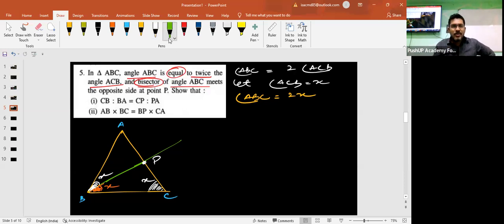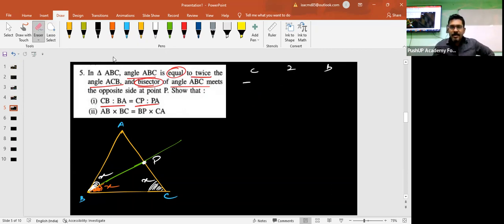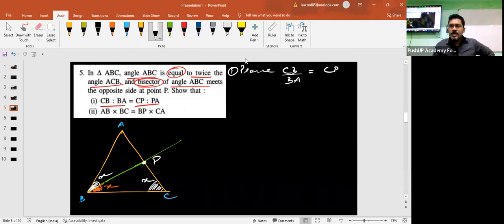They are asking us to show CB is to BA is equal to CP is to PA. I'll erase this part and I'll write what you have to prove. You have to prove CB upon BA is equal to CP upon PA.